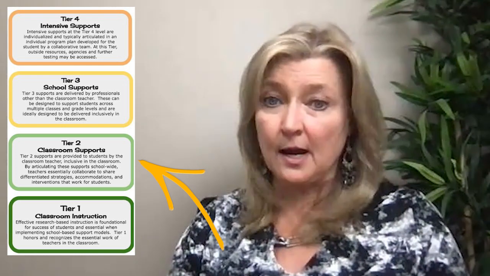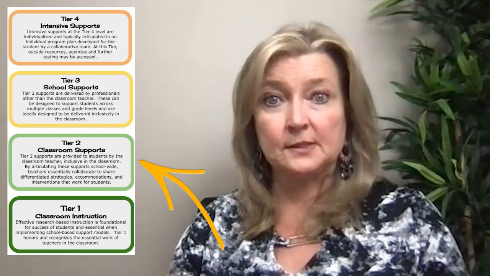The continuum of supports begins in the classroom. Tier 1, focusing on classroom instruction. This is all the things that we do for every child in our classroom. This is articulating good teaching practices. Our second tier is the additional tier to a typical 3-tier model. What do we do in the classroom, some of the time, for some students?